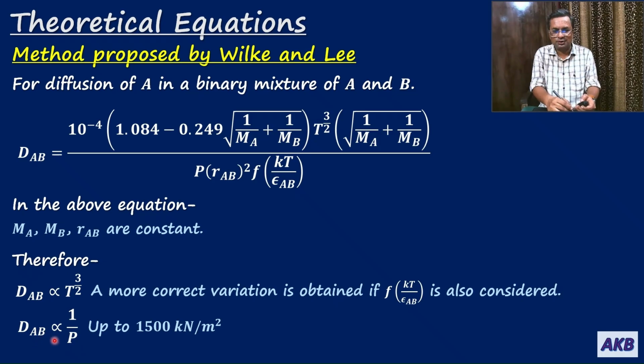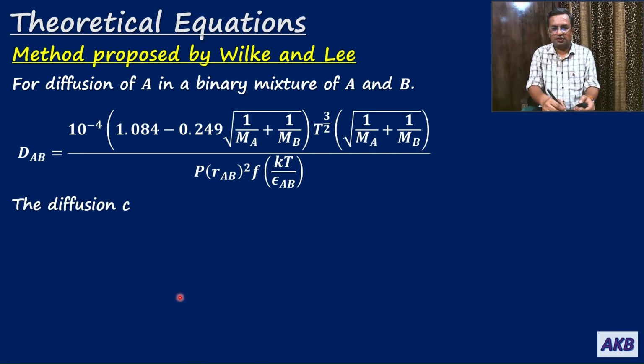So from this equation you get two useful dependences. DAB is directly proportional to T raised to 3 by 2 if you ignore the function, and if you consider it, you get a more correct variation. The other relationship is that DAB is inversely proportional to the pressure. I hope this is clear to you.